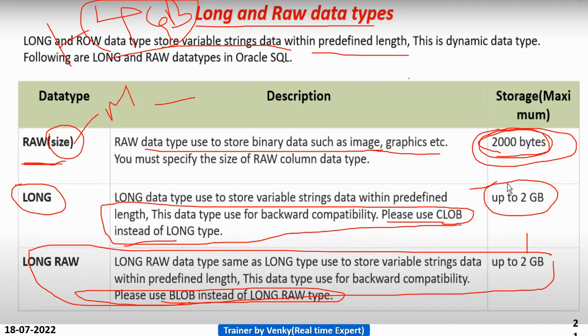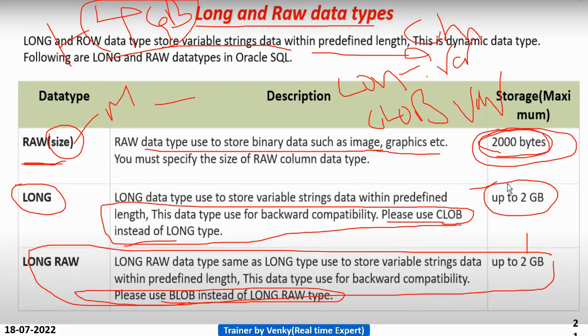So to store character data, we have CHAR, VARCHAR, VARCHAR2, next LONG, next CLOB. LONG is used to store 2 GB. CLOB is used for 4 GB.